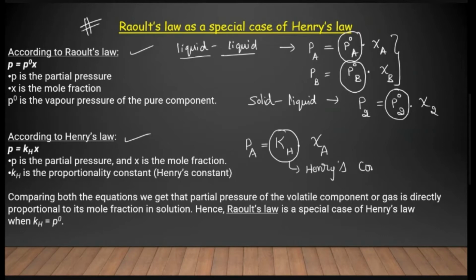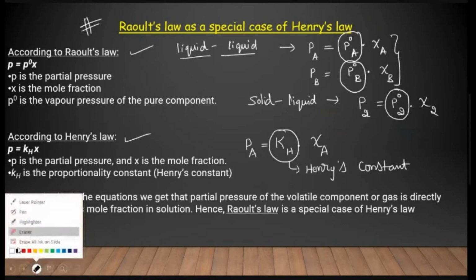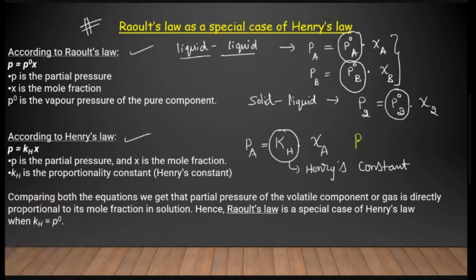So in both the cases, when we compare Raoult's law and Henry's law, the only exceptional thing is that your constants are different, but the remaining equation is going to be the same. That is PA is equal to a constant into XA.